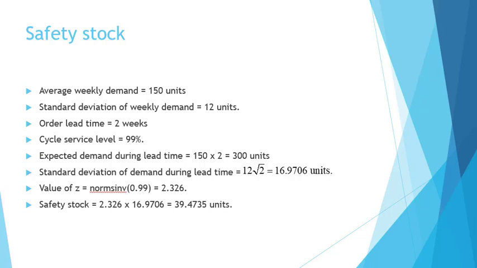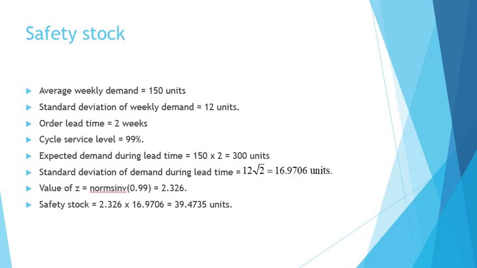And the target or required cycle service level is 99%. In order to calculate the safety stock, we need to know the expected demand during lead time, which is simply 150 units per week times 2 weeks equals 300 units.